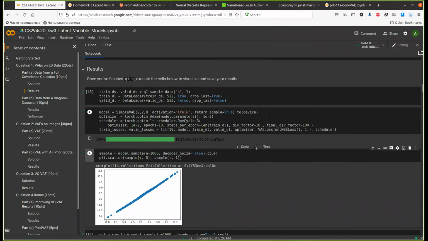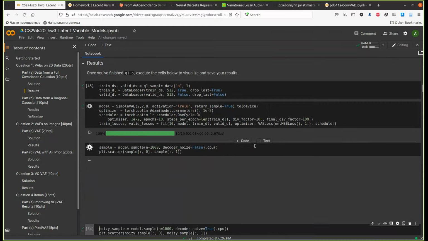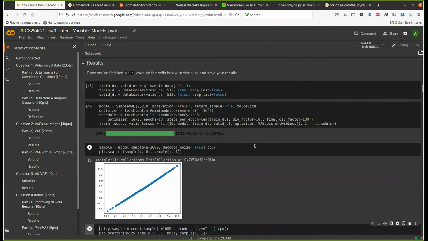So let's have a look at it. These are the samples without noise we get from the model, and obviously it outputs the mean of the x for a certain value, right?